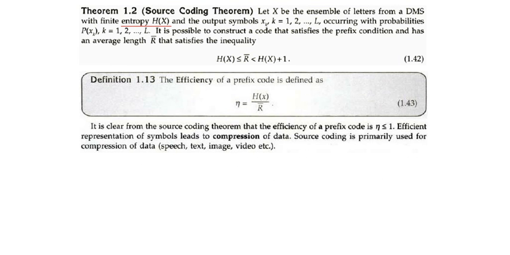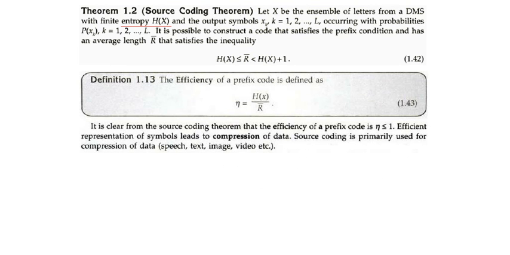It is possible to construct a code that satisfies the prefix condition and has an average length R bar that satisfies the inequality H of X less than or equal to R bar less than H of X plus 1.